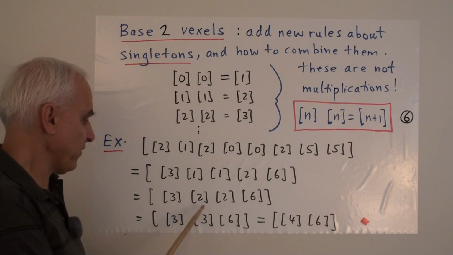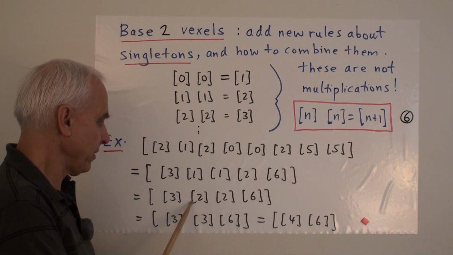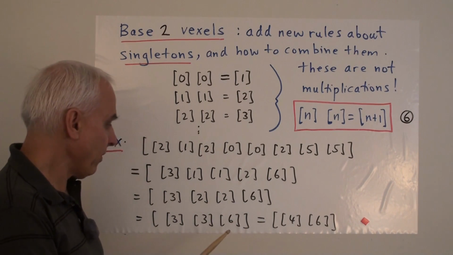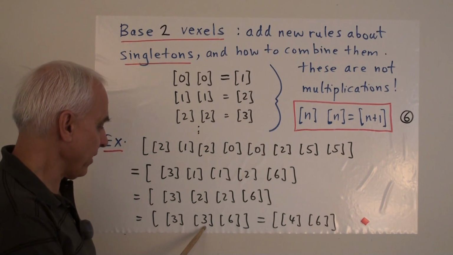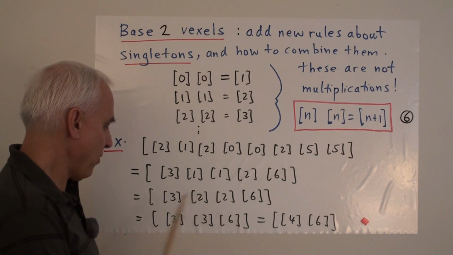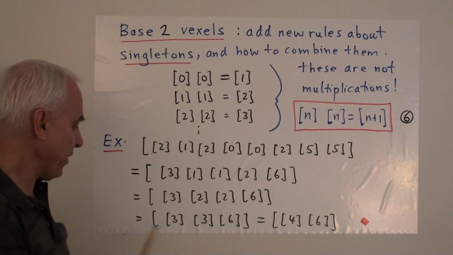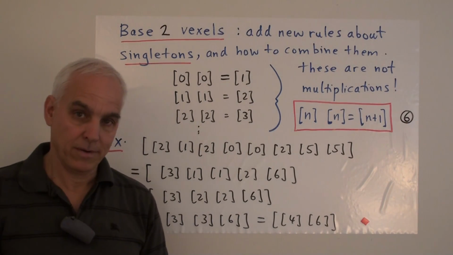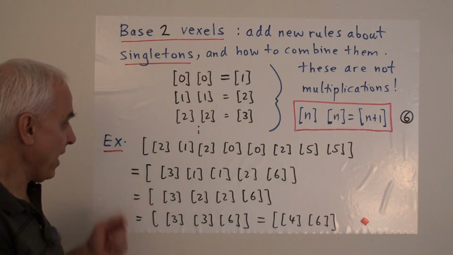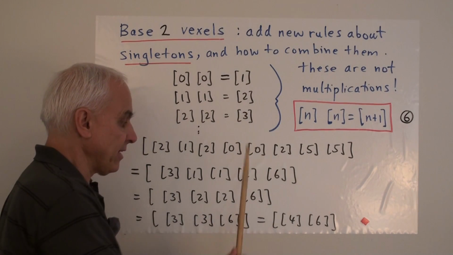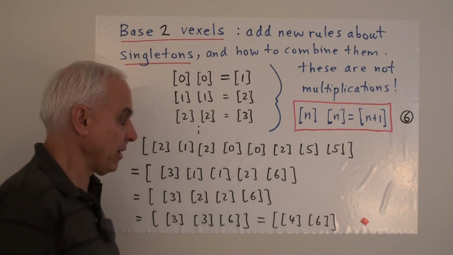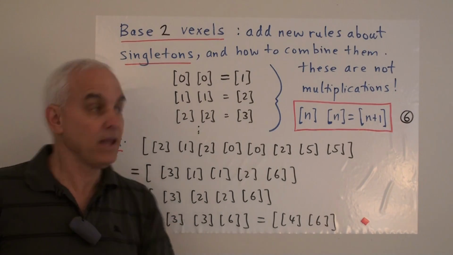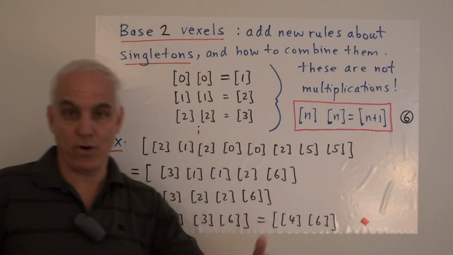They can be exchanged for a singleton 2. And then in the next step we see we have these two singleton 2s which can be replaced with the singleton 3. And now we're still able to do one more thing because the two singleton 3s can be replaced with a singleton 4. So in this way we have transformed the original vexil into another vexil, and we regard all of these vexils as being equal in this base 2 framework.